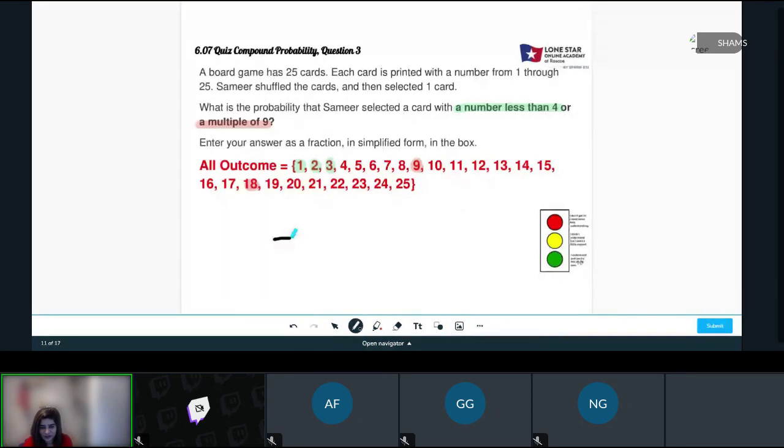That goes in the denominator. Favorable outcomes are 1, 2, 3, 9, and 18. There are 5 favorable outcomes: numbers less than 4 or multiple of 9. So 5 over 25. Reduce it by 5. It becomes 1 over 5.